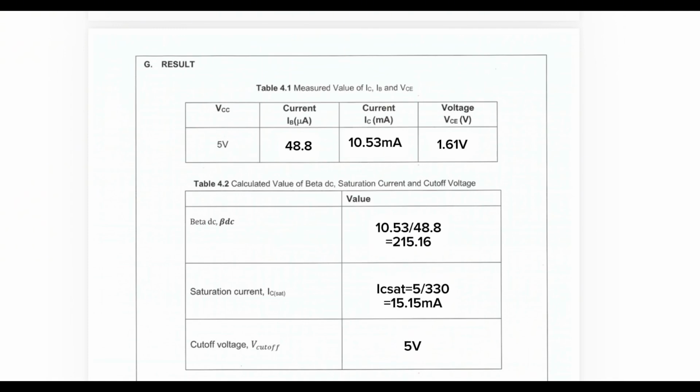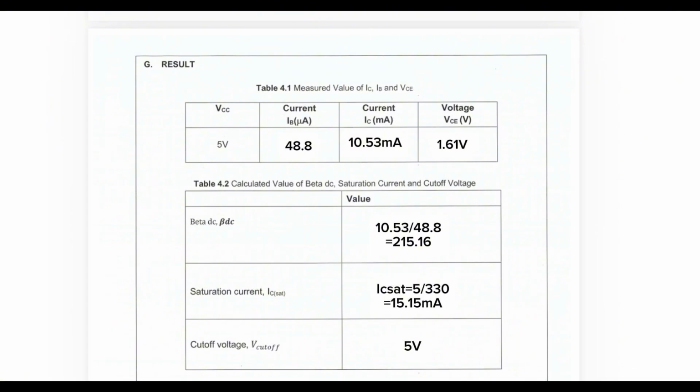The calculation is 5 volts divided by 330 ohm, and the answer is 15.15 milliampere. Third, the cutoff voltage VCC equals 5 volt.